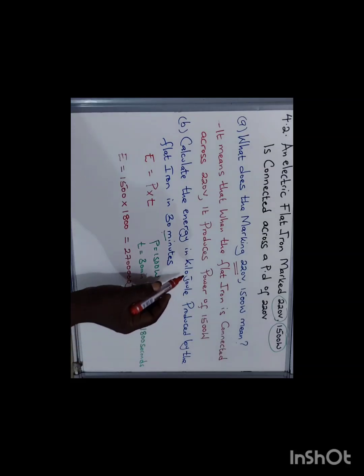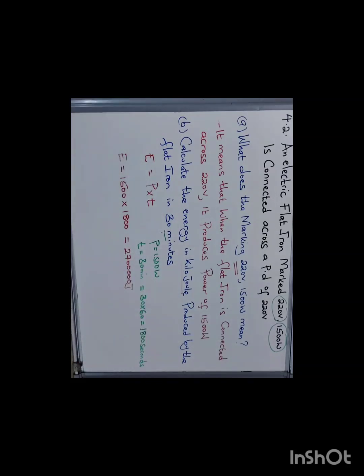But the question says that we should express our answer in kilojoules. So what do we do? We're going to say energy is equal to 2,700,000 joules divided by 1000, giving you 2,700 kilojoules.